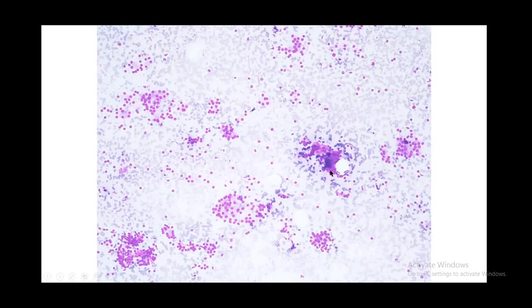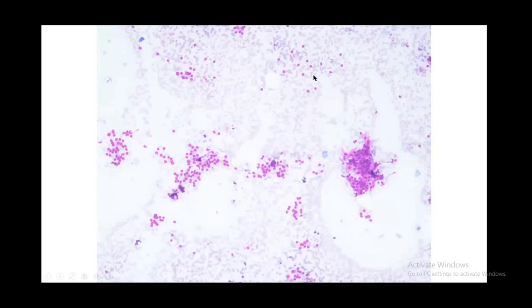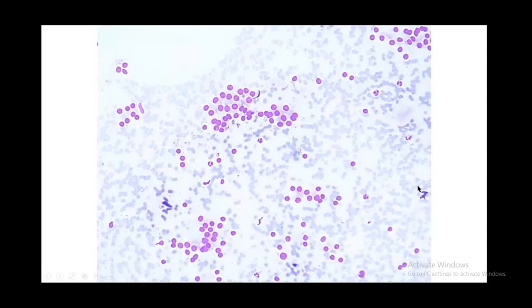Again, some vascular fragments can be appreciated. The neoplastic cells have rounded nuclei and pale cytoplasm, and microfollicular architecture is quite conspicuous. There are some naked nuclei in the background. Here also we can see a vascular fragment and the neoplastic cells. So clearly a neoplastic lesion.